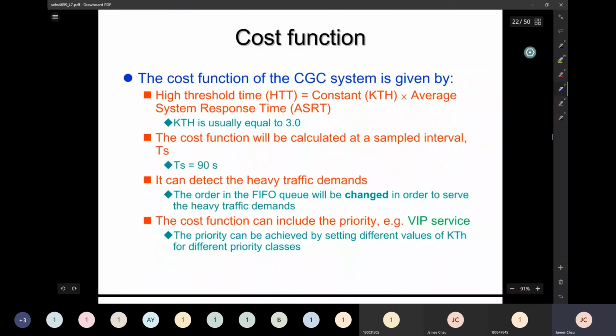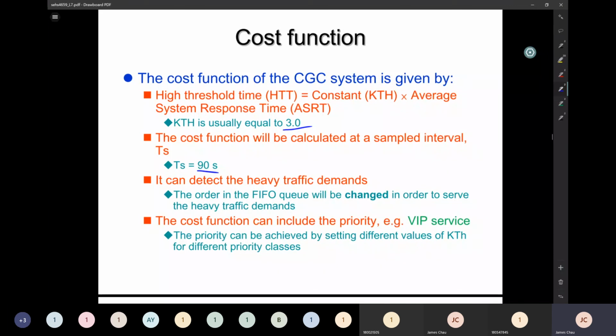Now the cost function can be designed like that. We can use the high threshold time HT, which is equal to a constant. Normally it is equal to 3 times the average system response time, ASRT. And we can evaluate the cost function at a fixed interval, for example, 90 seconds.